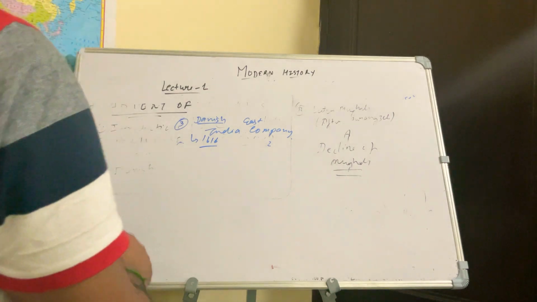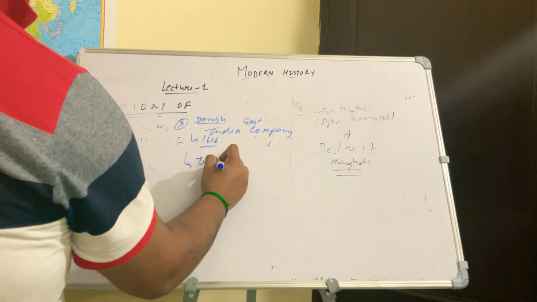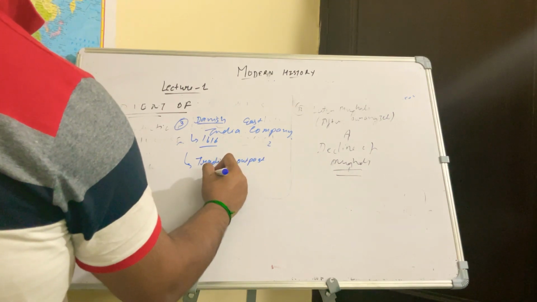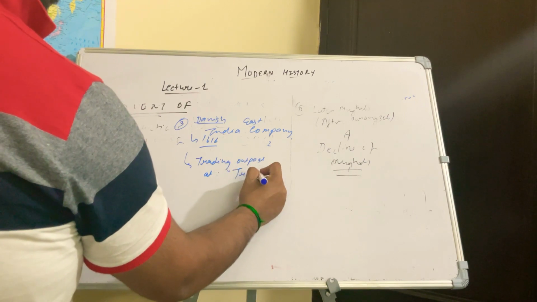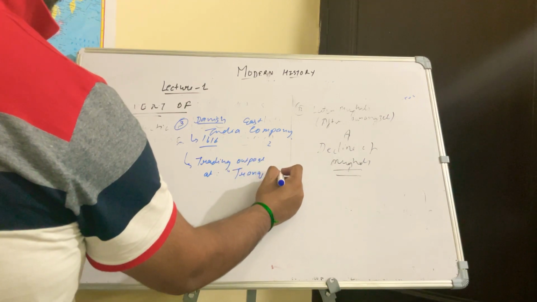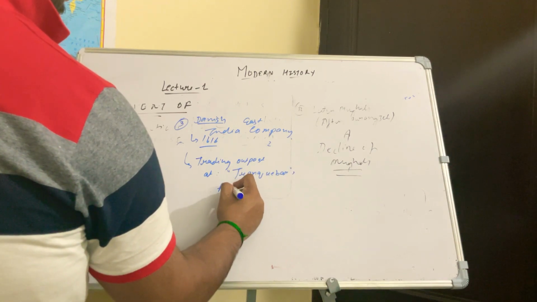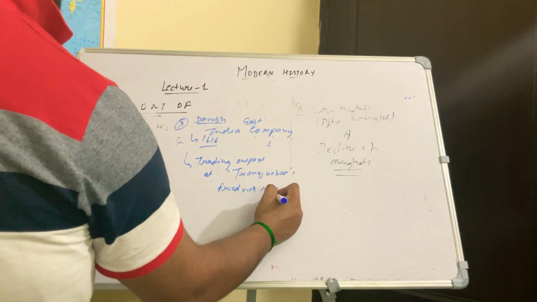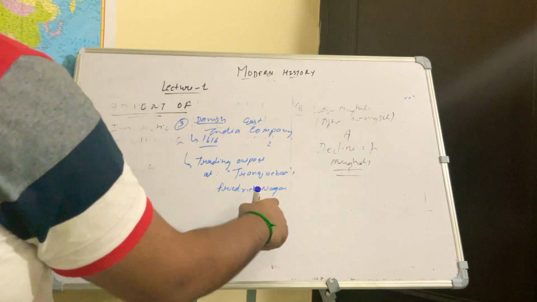They established trading outposts at Tranquebar, Frederick Nagar, and Sirampur.